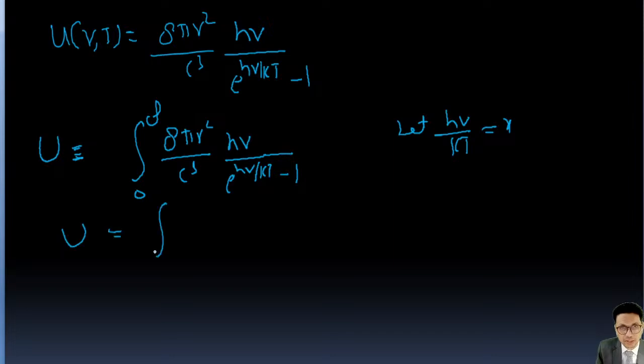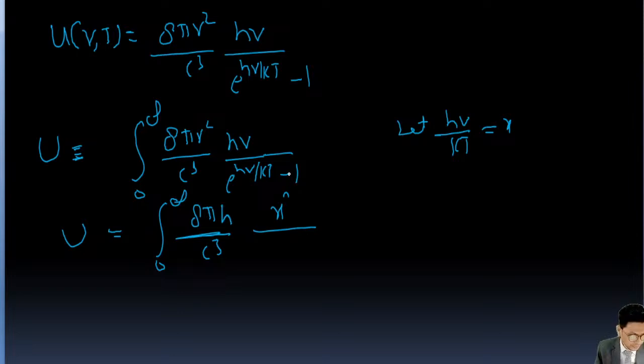So the total energy density is the integral from 0 to infinity of 8 pi h upon c cube into x cube upon e to the power x minus 1 dx.